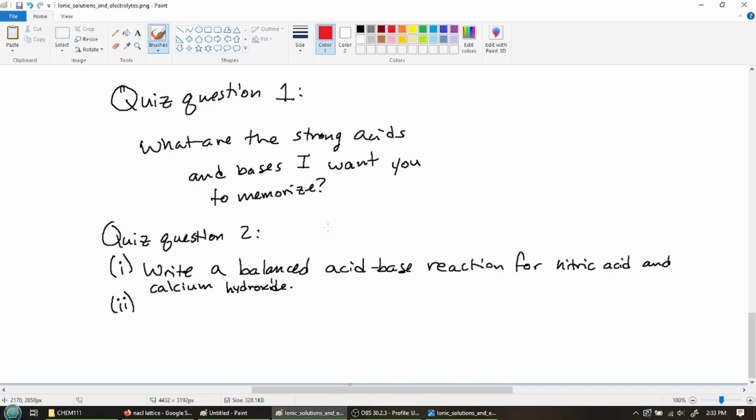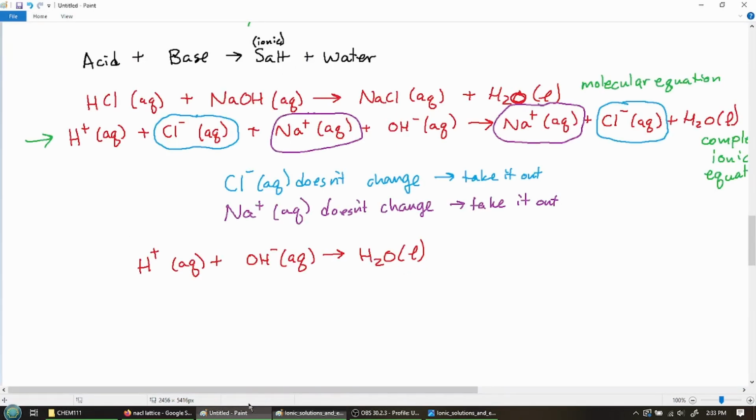Now, I'm going to be very clear here that we want to include all of the phases in this reaction. When I say phase, I mean things like solid, liquid, aqueous, etc. Now back over here, let's work through that example.